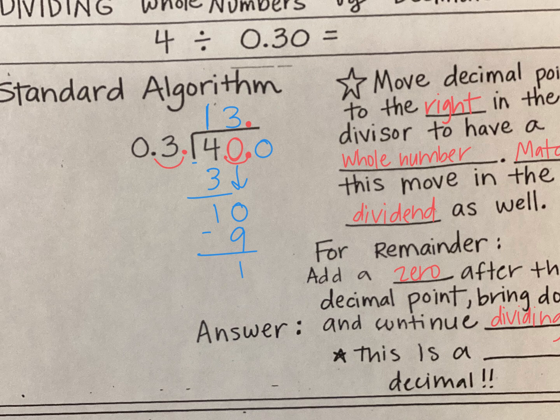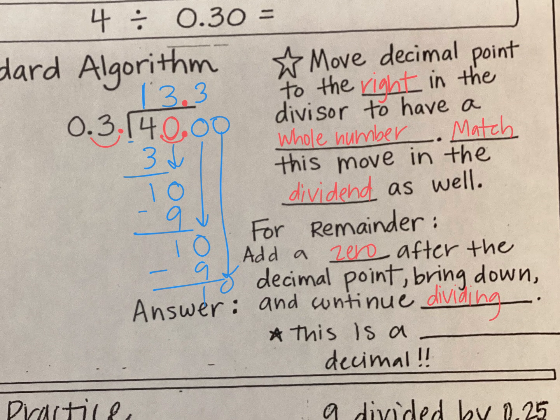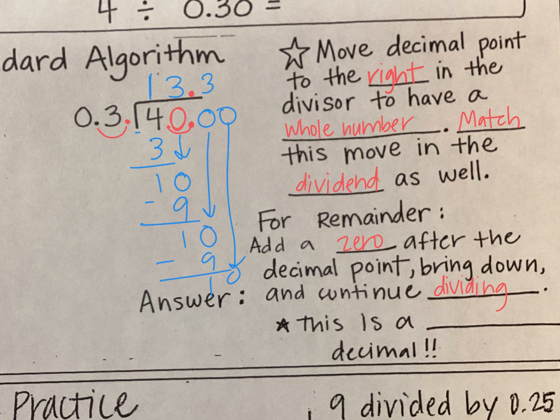I just add a 0 and bring it down. 3 goes into 10 3 times. And what are we already noticing? It's repeating. So this is called a repeating decimal. And my final answer I will write as 1.3 with a line over it to show that that 3 repeats.